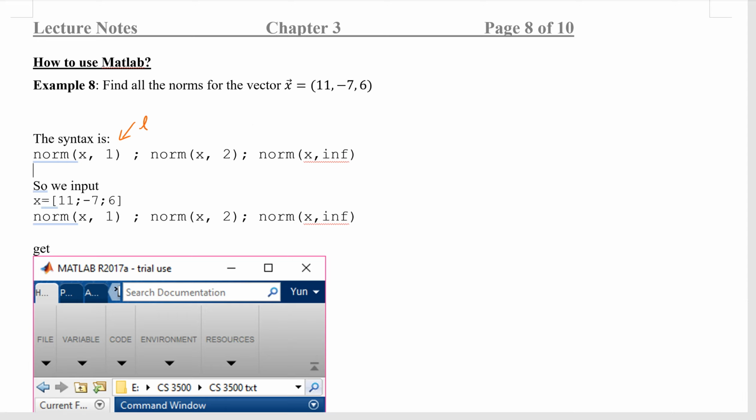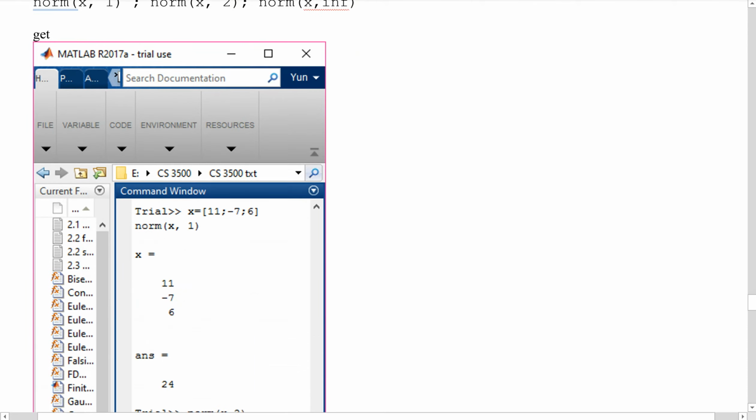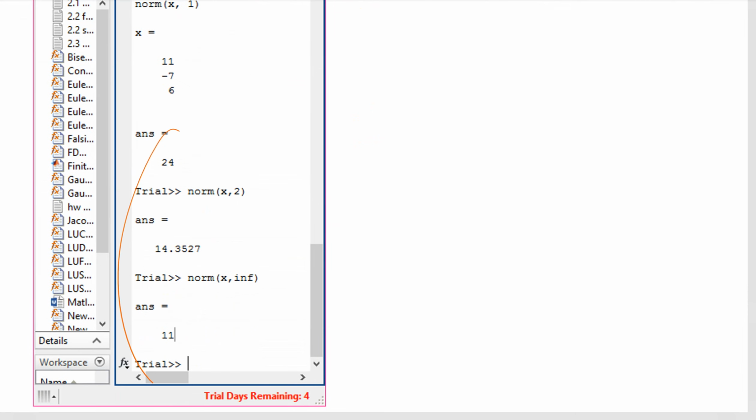And then this is the L2 norm. It's also the Euclidean norm for a vector. So for a vector, Euclidean norm and L2 norm, they're the same thing. And this is the L infinite norm. This is just what we input, and then we can see the norms.